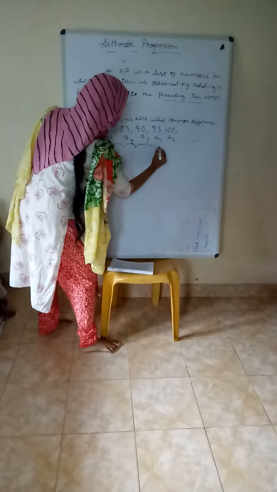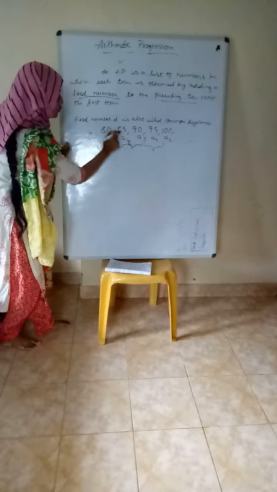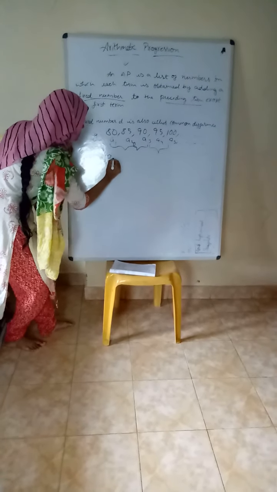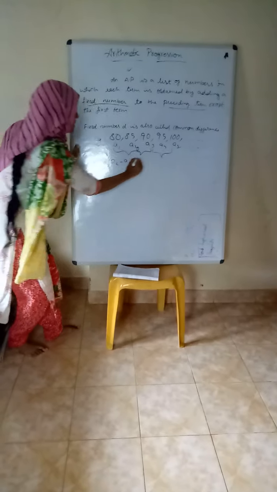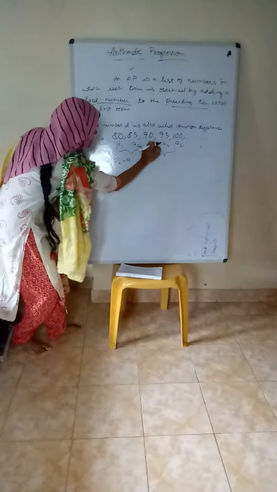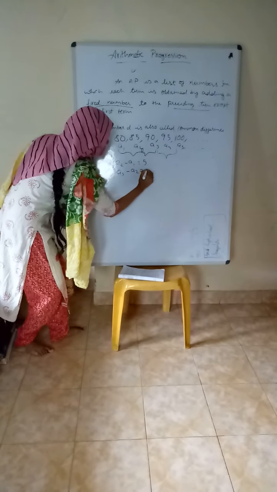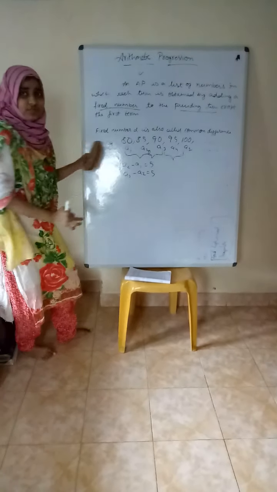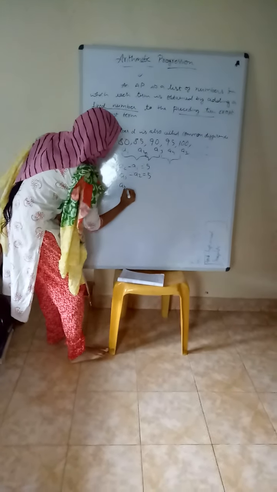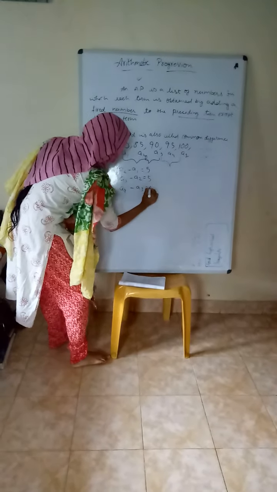How will you take? A2 minus A1, second term minus first term. A2 minus A1, what will you get? 85 minus 80, that is 5. Then A3 minus A2, that is 90 minus 85, which is also 5. Next, A4 minus A3 is equal to 5.